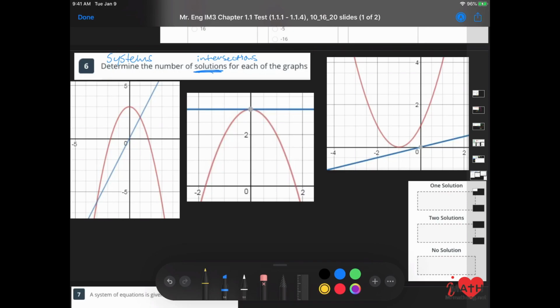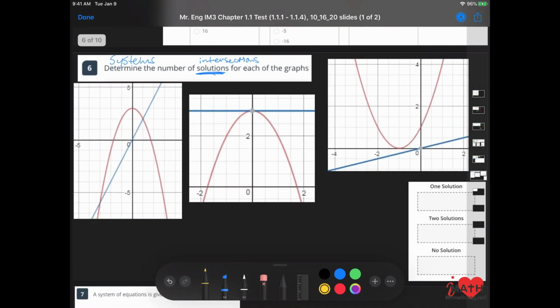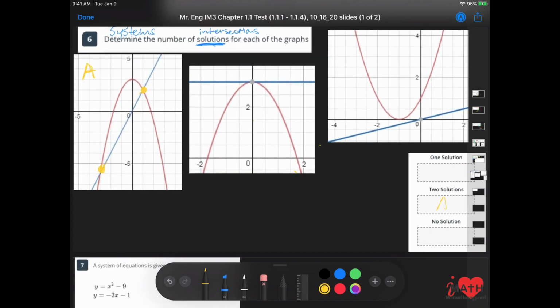Let's call this graph A. The graphs cross here and here. Count how many dots: 1, 2. That would be 2 solutions.